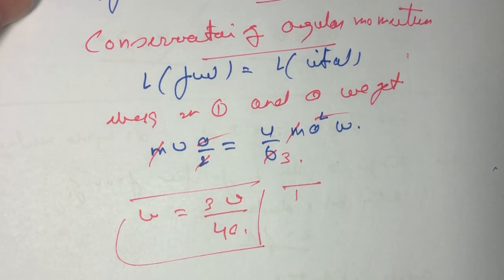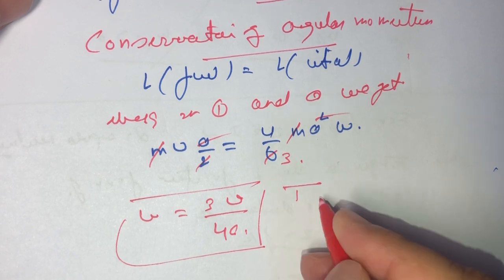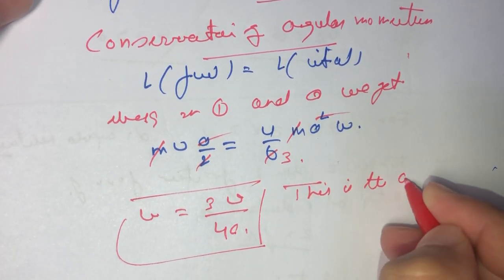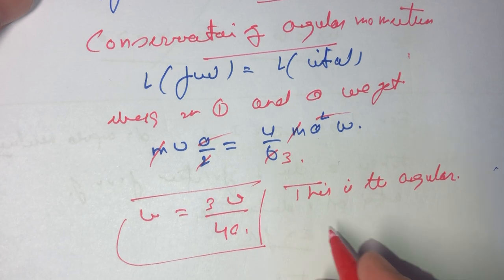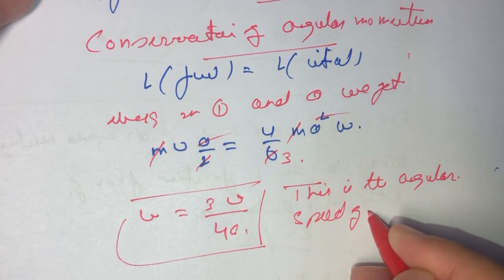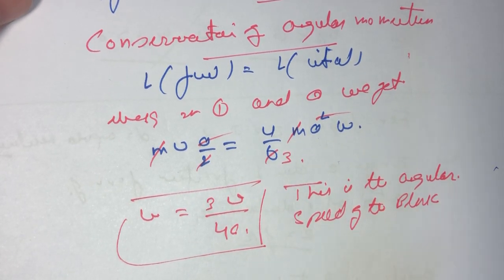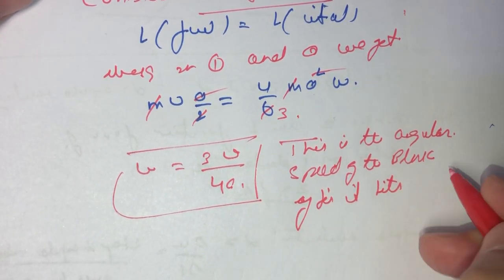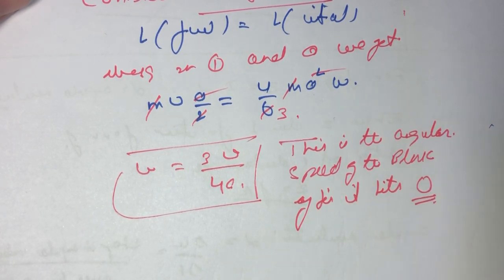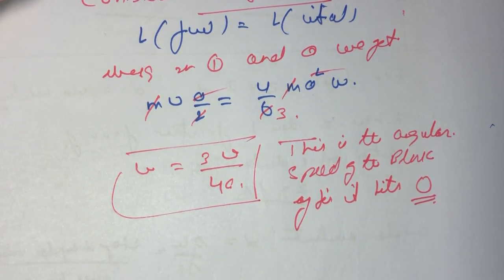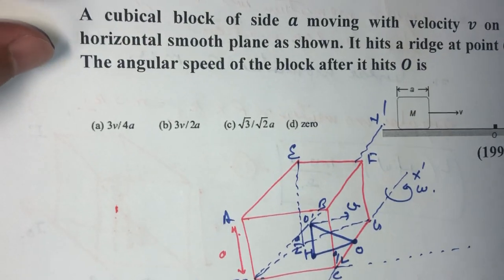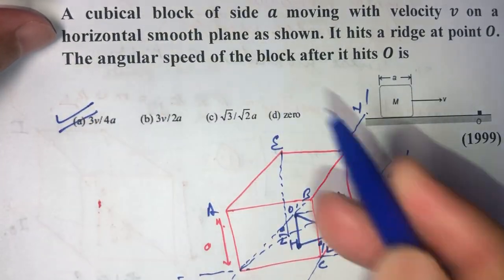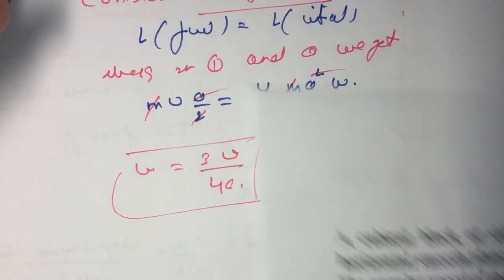It was asked as angular velocity of the block, cube, after it hits O. So this is the angular speed of the block after it hits O. And from the options available, you can say that option number A is the correct option, 3v by 4a.